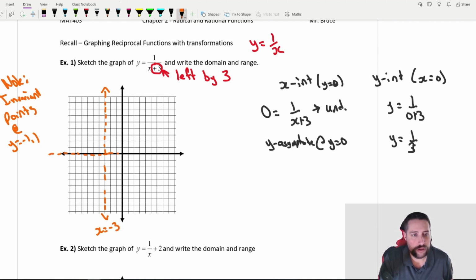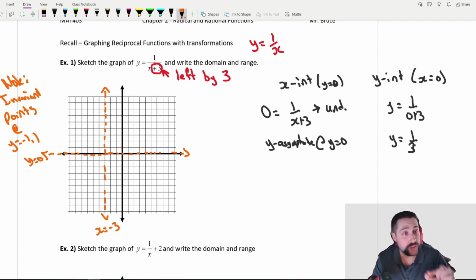And we'll make another one. As we found out, there are no x-intercepts, which means we have an asymptote at y equals 0. We will still have our invariant points at y equals 1 and y equals -1, but we also have a y-intercept at 1/3, so we can put a 1/3 there as well.